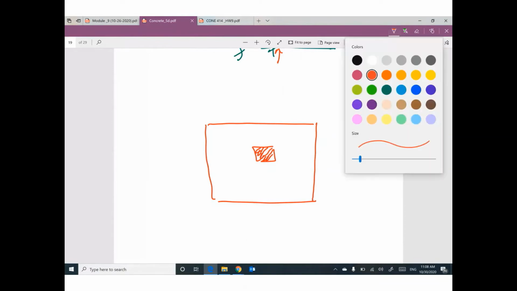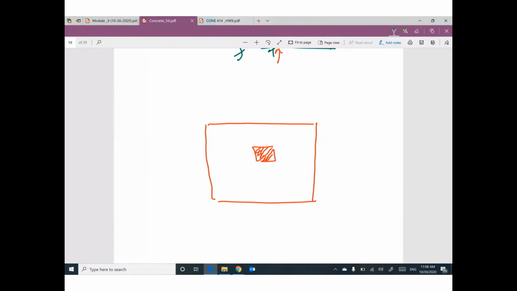Where, a good question, where a distance d divided by 2 from the face of the column on each side. Then I will construct a new area. This area can be called the area of punching.